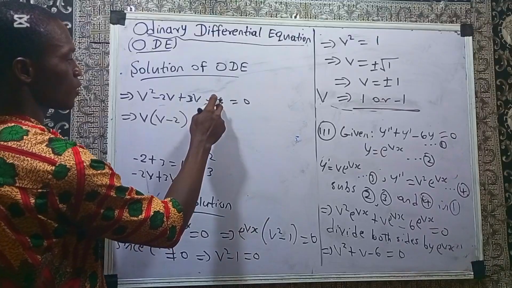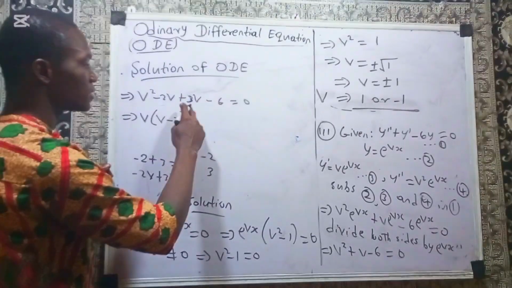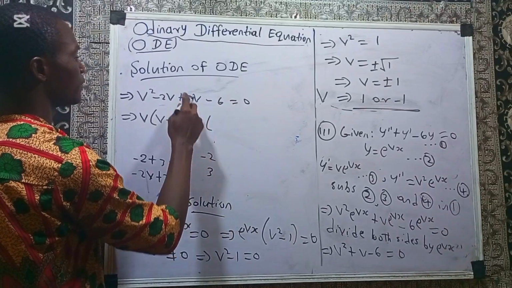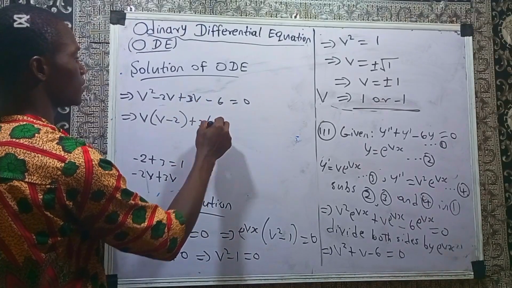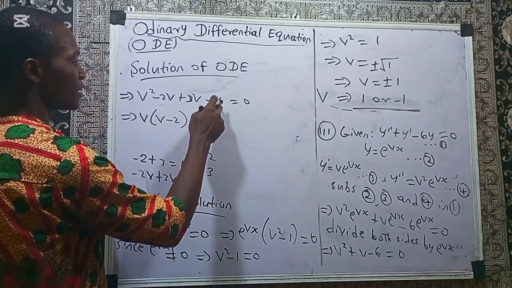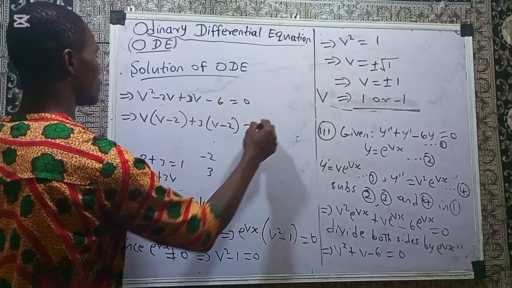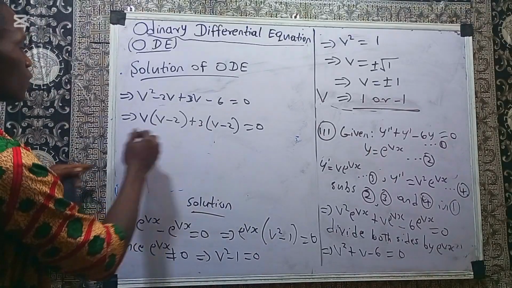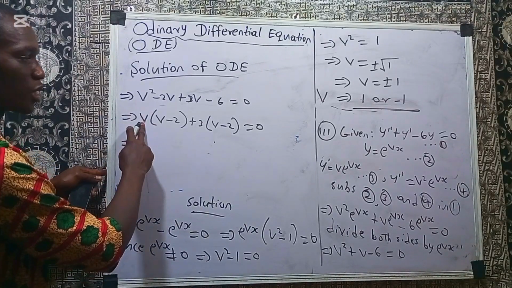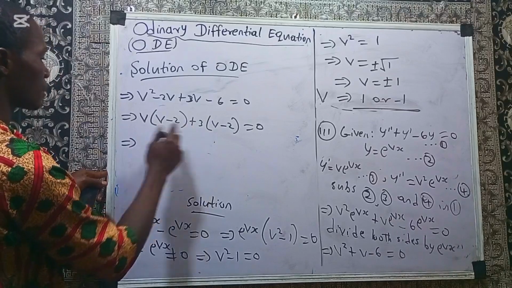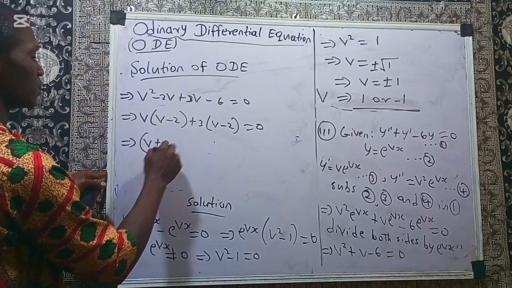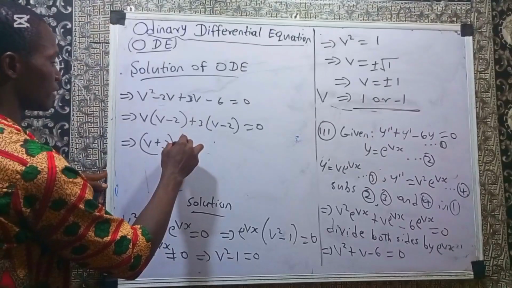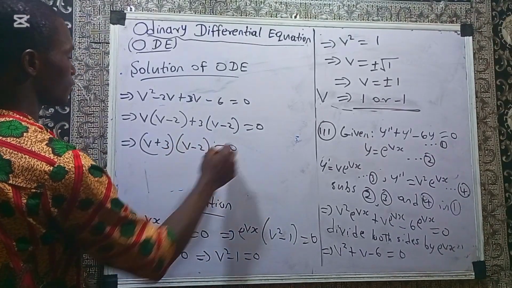For the other two terms, the common factor is positive 3: 3 divided into 3v is v, and 3 divided into negative 6 is negative 2, equals 0. Picking the coefficients of the brackets, we have v plus 3, then the common bracket v minus 2, equals 0.